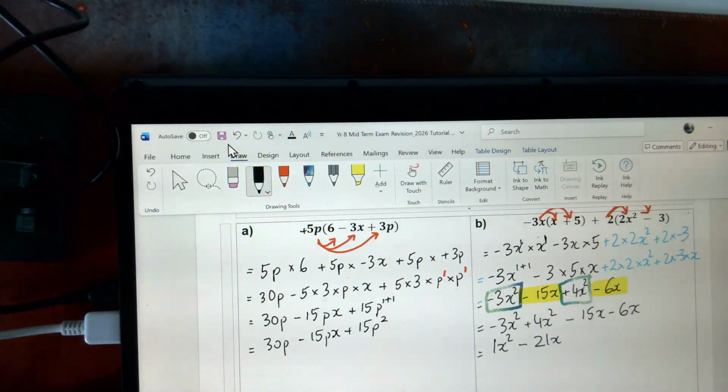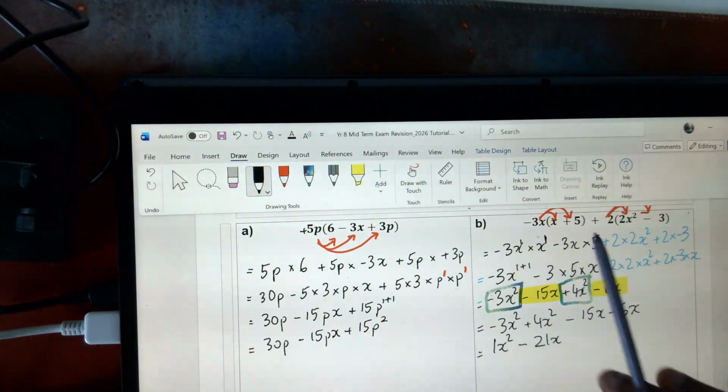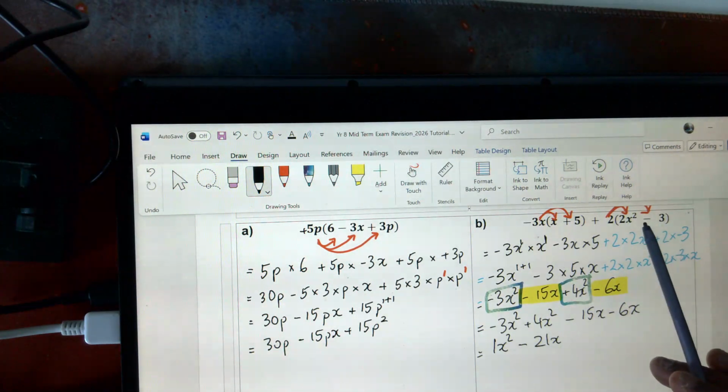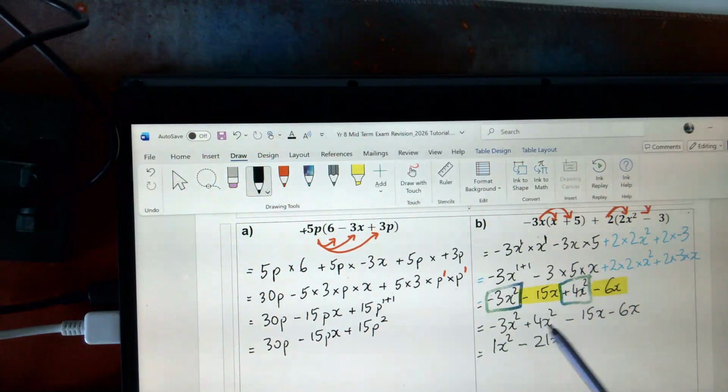So there's our final answer for part B. So part A, apply the distributive law to 3 terms. Part B, apply the distributive law twice by expanding 2 brackets instead of 1, and then collect like terms and simplify.